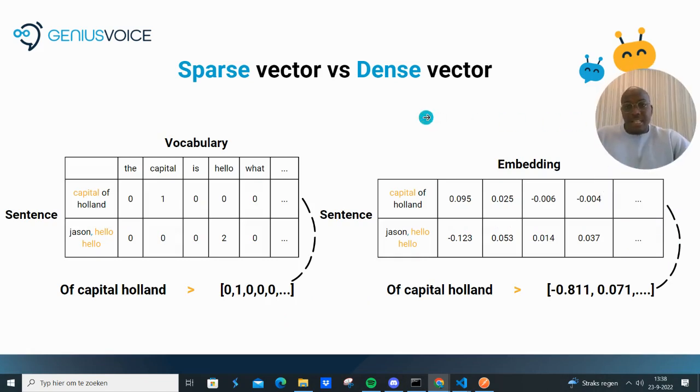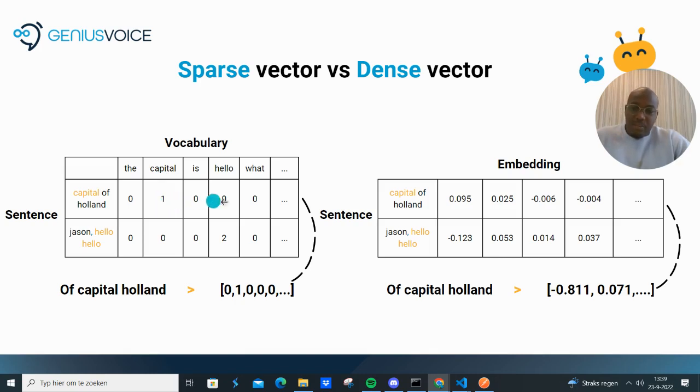Now, if you look here on the left side, keep in mind the bag of words representation. We have here a vocabulary containing different words, and this can be mixed, so it's not in order. And if I have here a sentence, capital of Holland, we can see here that the word capital is here, so we give that word a 1.